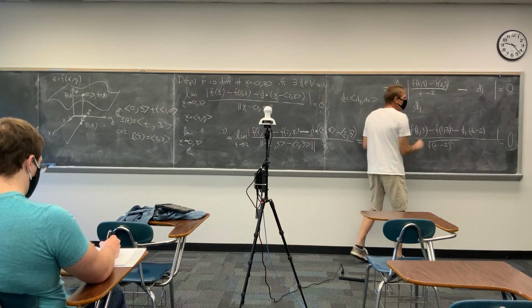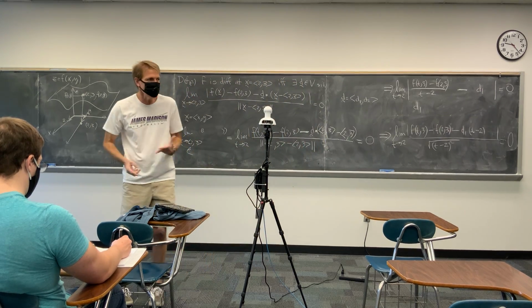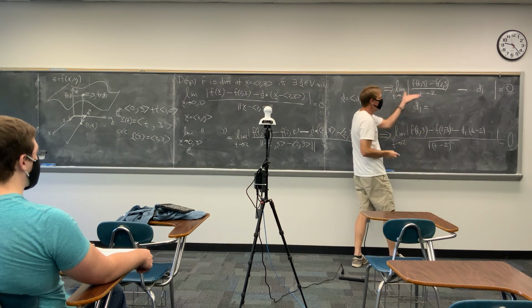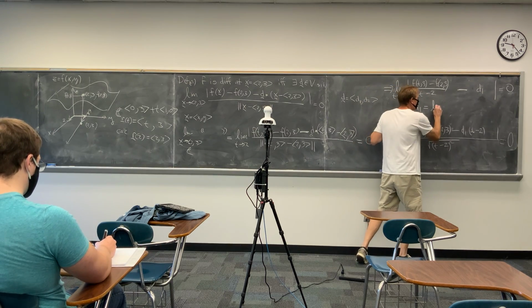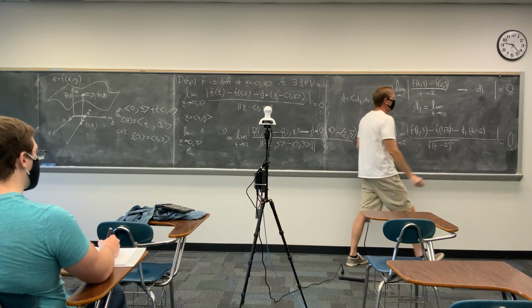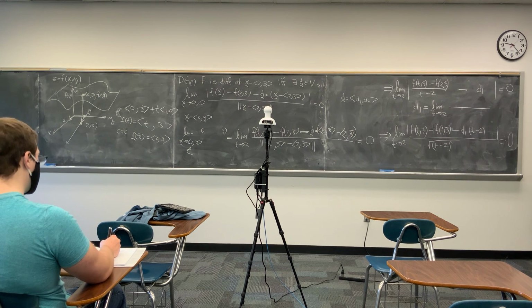The d1 that we're looking for, the first component in my derivative, is defined in terms of this limit right here. It's the limit as t approaches 2. Now look who's in the bottom.